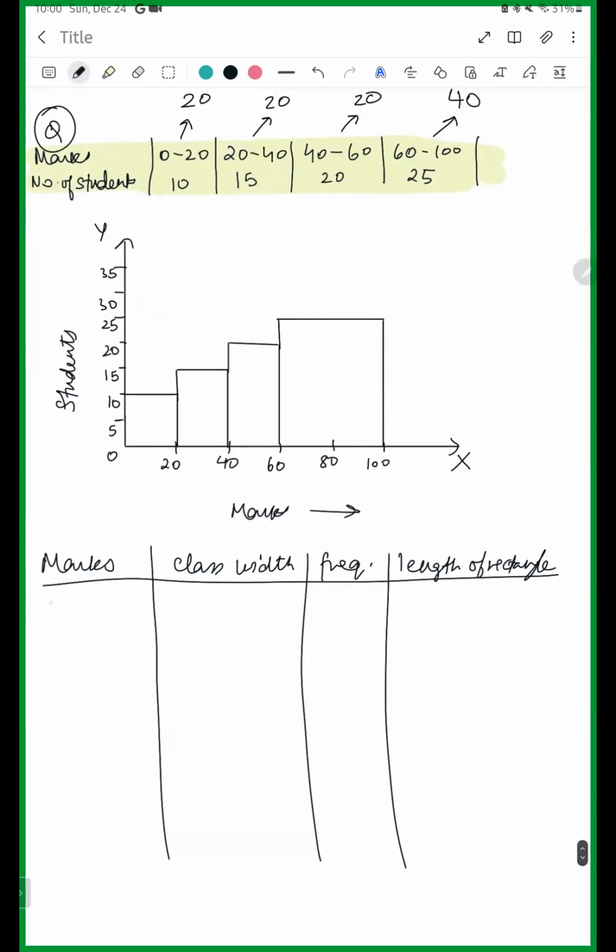Okay, the first one is 0 to 20, 20 to 40, 40 to 60, and then 60 to 100. Class width here is 20, 20, 20. Here it is 40.